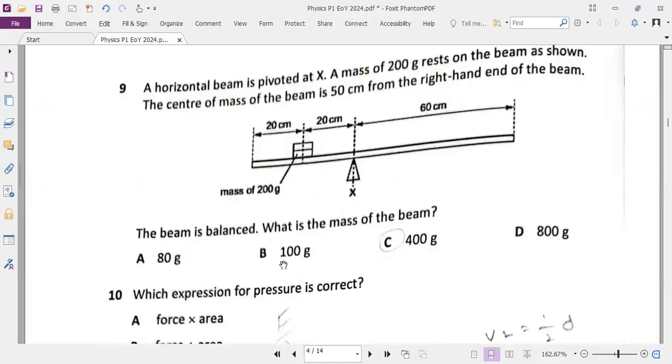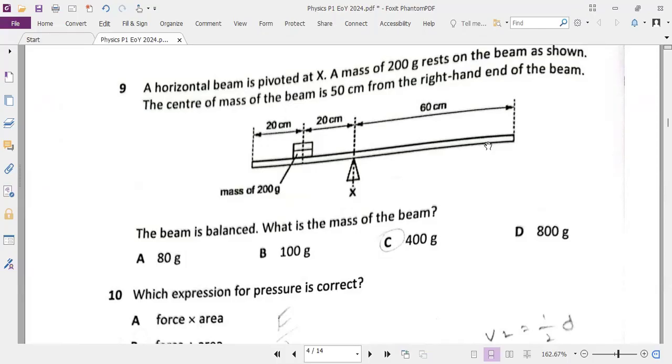Question number 9. It is asking you to calculate the mass of the beam using this arrangement. So we have a pivot, we have a mass, and the mass is hung. The center of the mass is 50 centimeters from the right hand of the beam, 50 centimeters here.